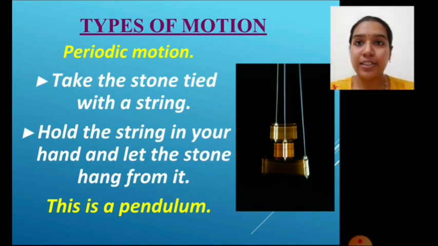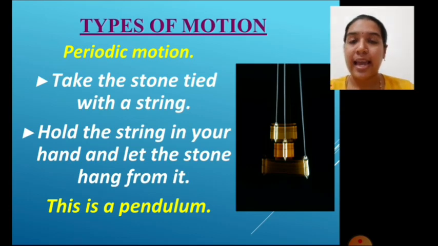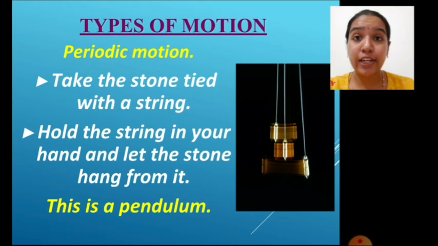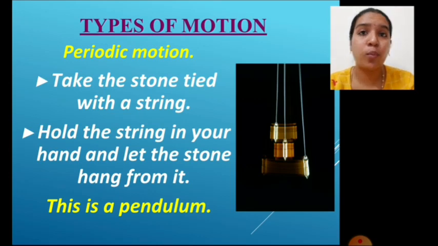If you tie a thread to a stone and hang it from your hand, it moves in a to and fro motion, and it is called a pendulum, which is usually seen in old clocks. That means a to and fro motion shown by any object is periodic motion.